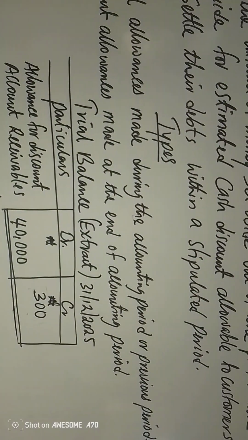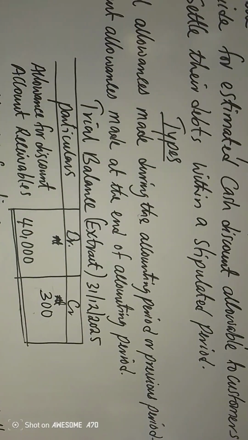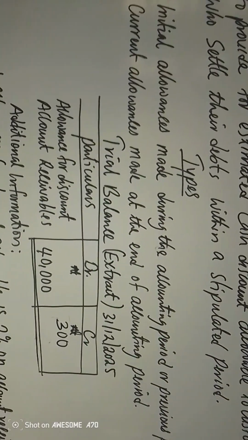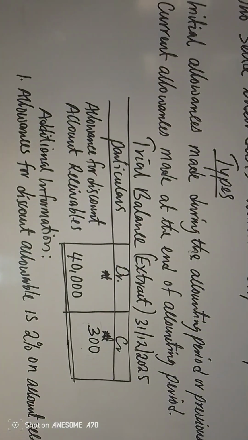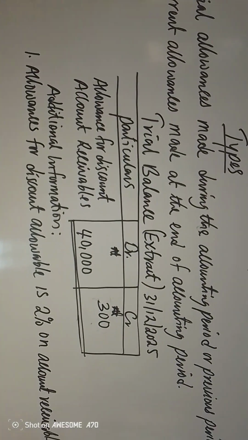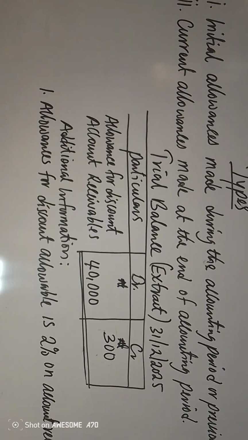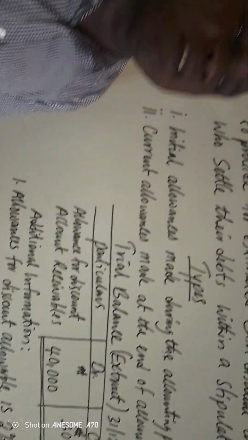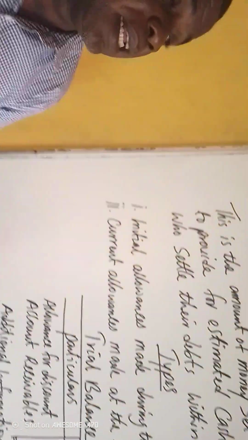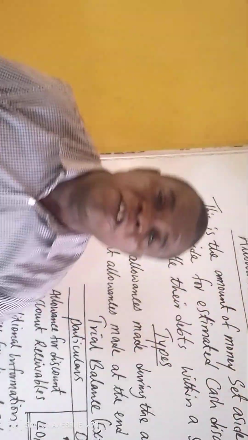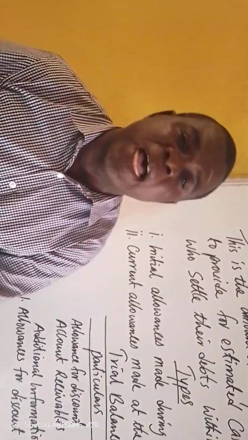But when discounts are given, most customers are motivated to pay on time so that they will be able to get the discount. For example, if you are to make payment of 20,000 and you are given a discount of 2,000, it simply means that you have been given 2,000 off and you are going to pay only 18,000. It's a motivation.